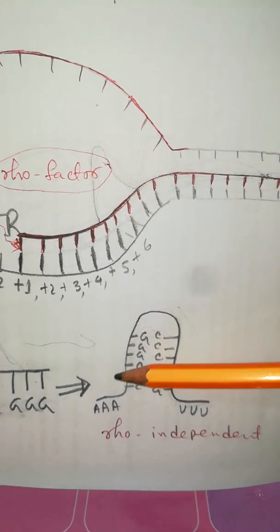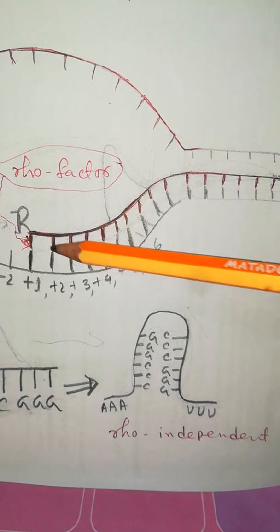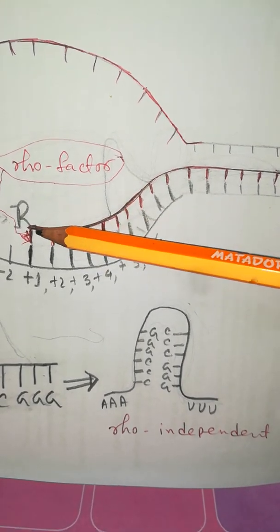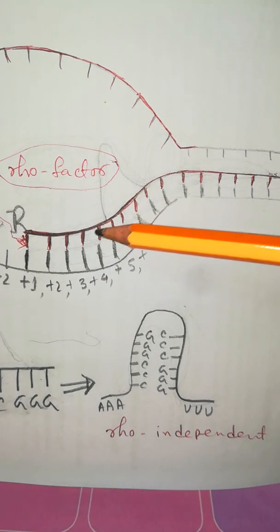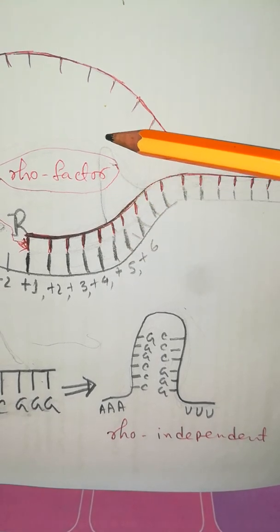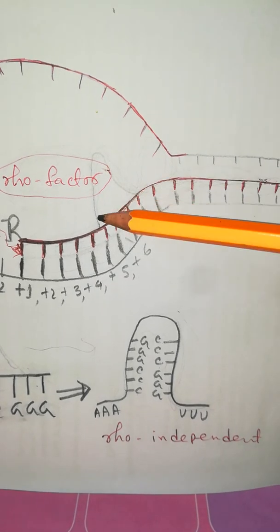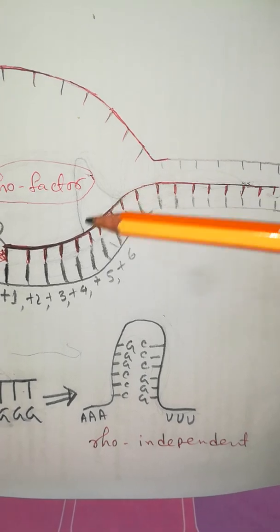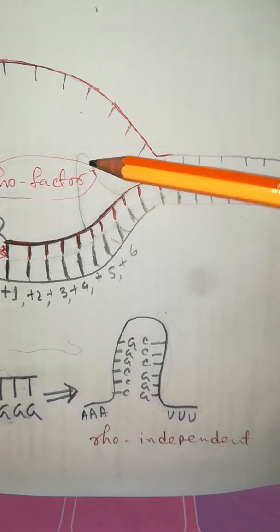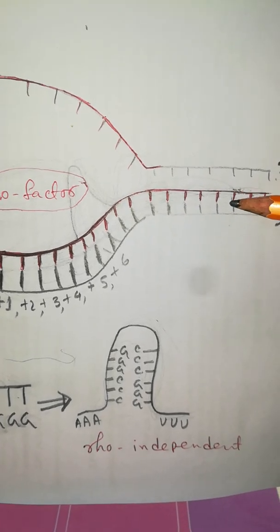A hairpin-like structure develops in this strand. Suppose RNA polymerase is up to this area, and the hairpin-like structure develops up to this area. RNA polymerase goes forward, and the hairpin-like structure develops and goes forward also. But carrying this folding structure is not so easy for this RNA polymerase.